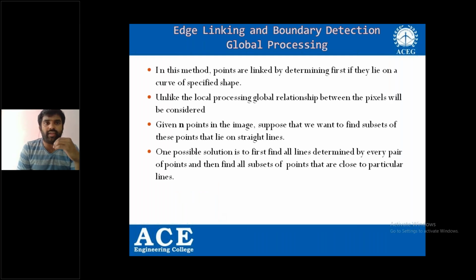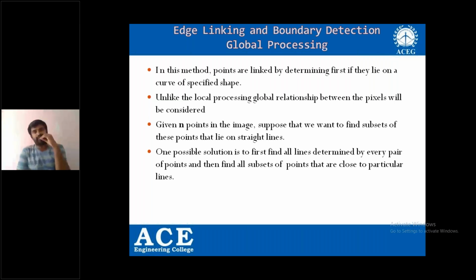Next, another one is global processing. In local processing, we take the pixel magnitude values and then use the local neighborhood, right?